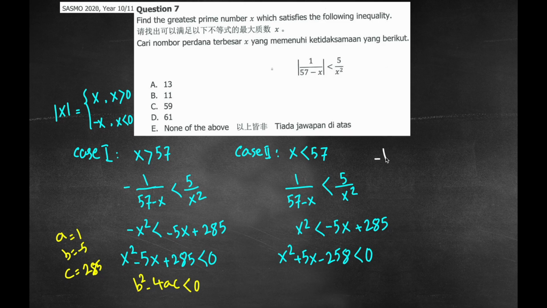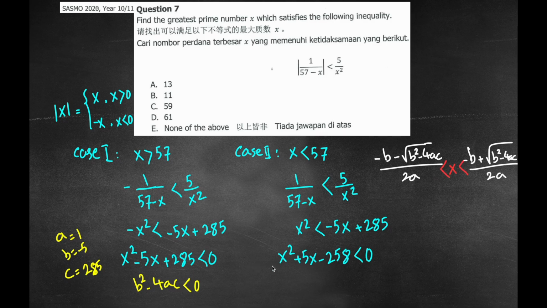So one would be negative b minus the square root of b squared minus 4ac divided by 2a, and the other one is going to be negative b plus the square root of b squared minus 4ac divided by 2a. So basically x is going to be bounded between these two values.